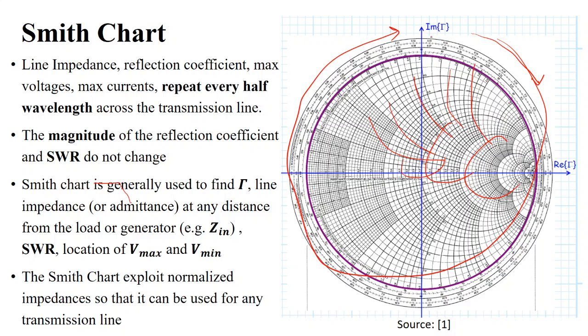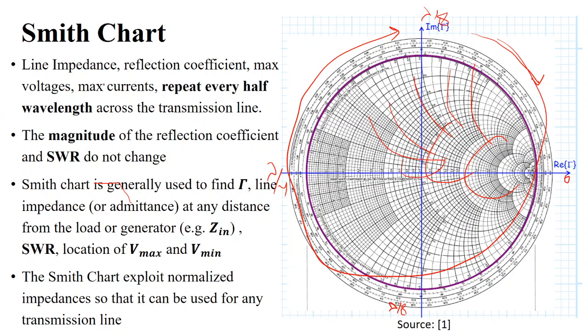So if you mark lambda directly, if this is 0, then you will have lambda by 8, this will be lambda by 4, and this will be 3 lambda by 8, and so on, and this will be again lambda by 2. So they have also plotted in terms of lambda length. You can also write here in terms of lambda and the phases.